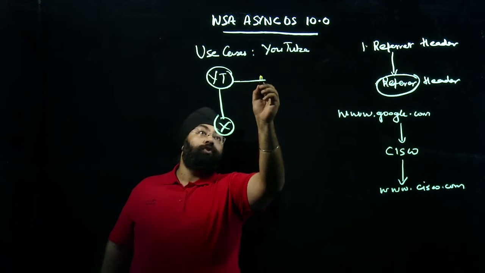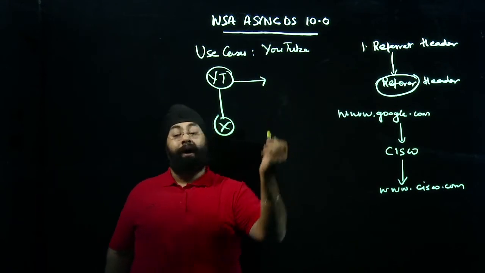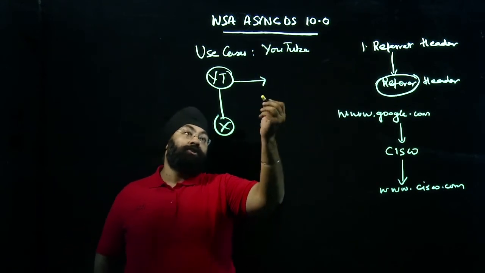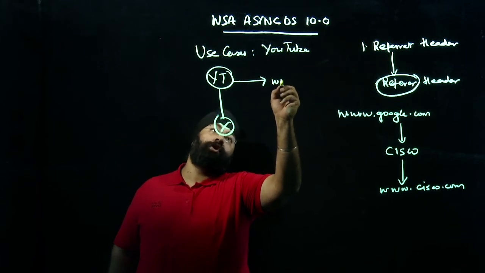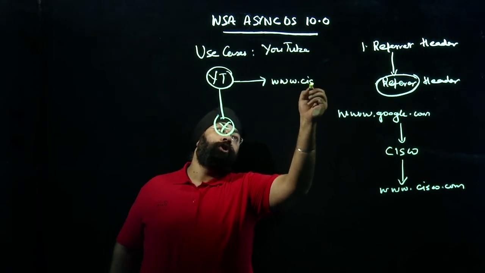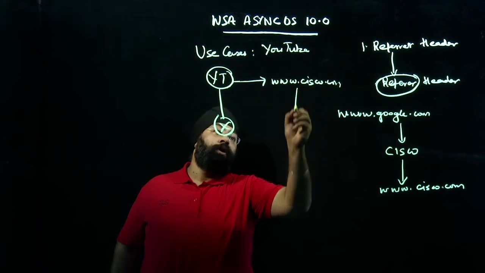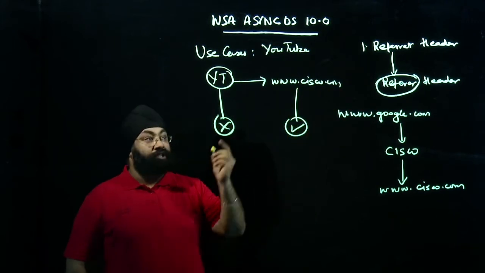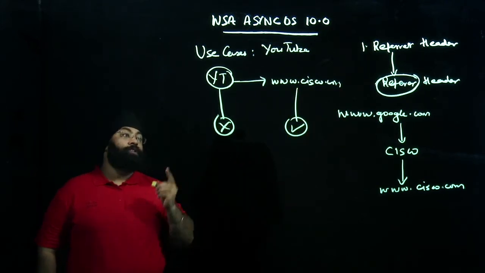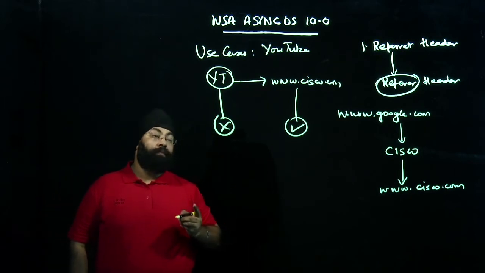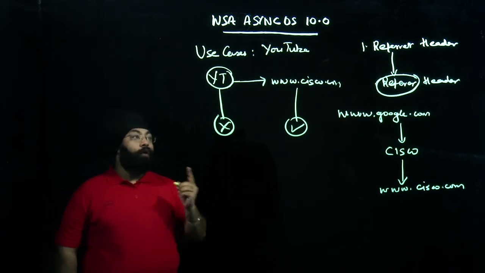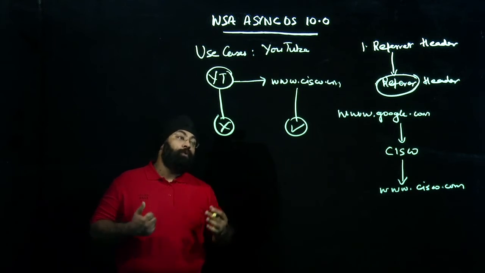But if it is going through some kind of a referrer, which might be their corporate website, say cisco.com, and I'm going to YouTube, it should be allowed. So if it's cisco.com and I go to YouTube, it's being allowed using my referrer header. So that's one of the use cases of the referrer header, and there are many which you can create with this feature itself.